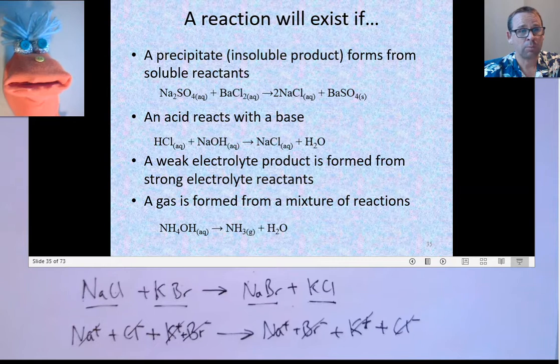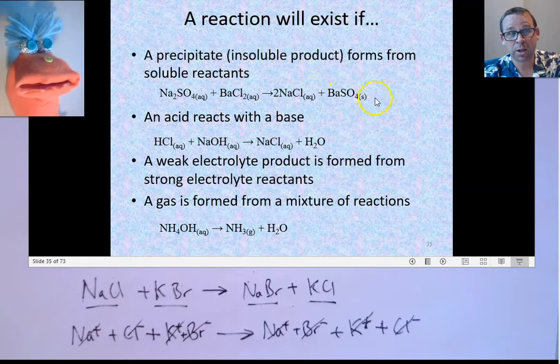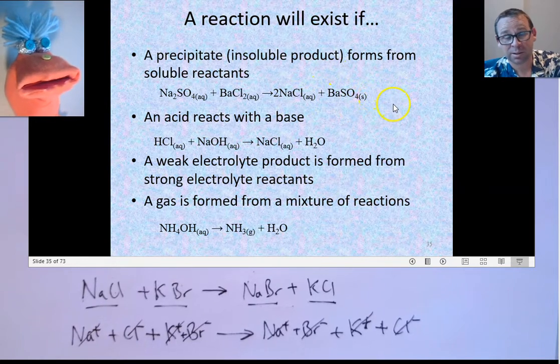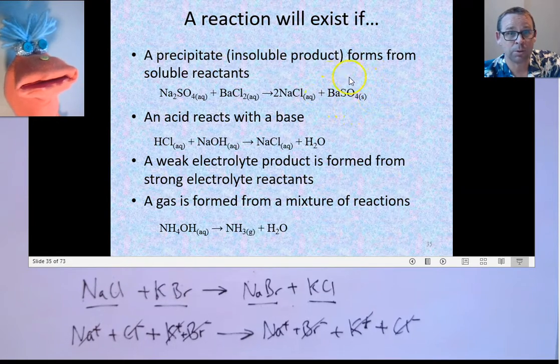So reasons that will result in some sort of net ionic equation are, one, if a precipitate forms. So in this first equation here, you have barium sulfate, which, if you look at your solubility rules, is insoluble. Therefore, a precipitate forms, a net ionic equation exists, therefore a reaction occurs.